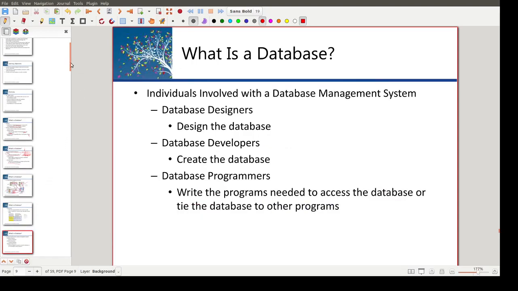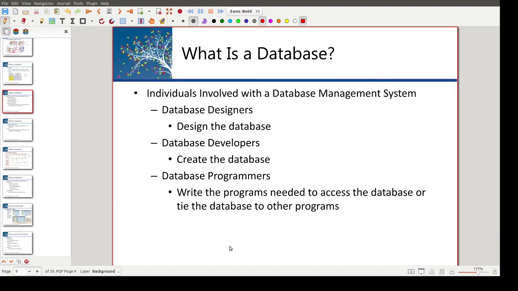Okay, so who deals with databases? From the very beginning, who designs databases? We call them the database designers. The individuals we are going to speak about are those who deal with the database management system. The designer designs the database, the developer creates the database, and the programmer writes the program needed to access the database or ties the database to other programs so they can access it.